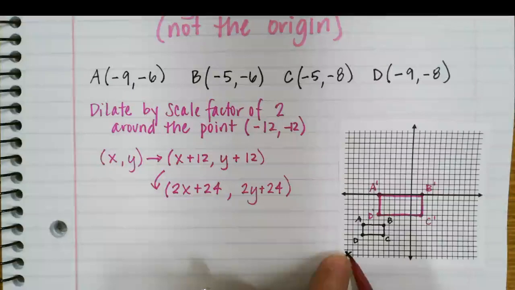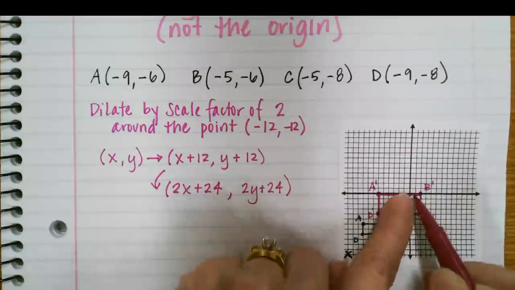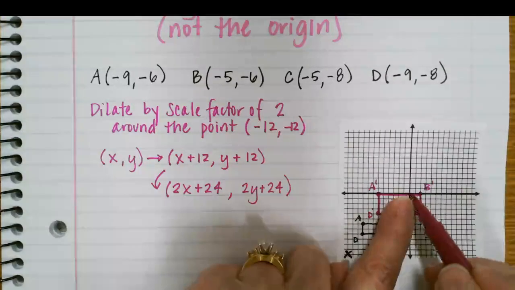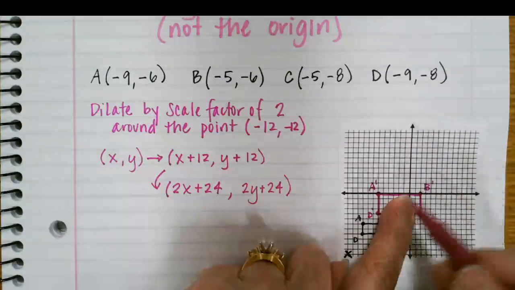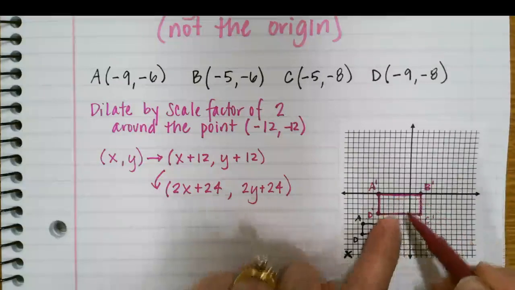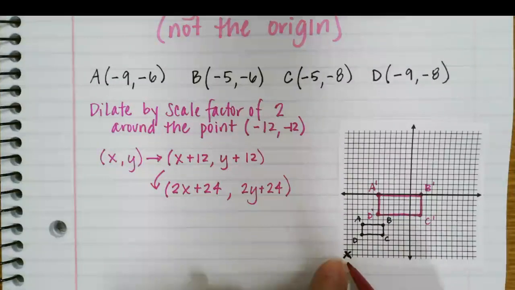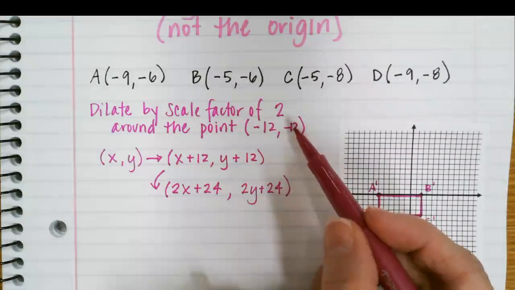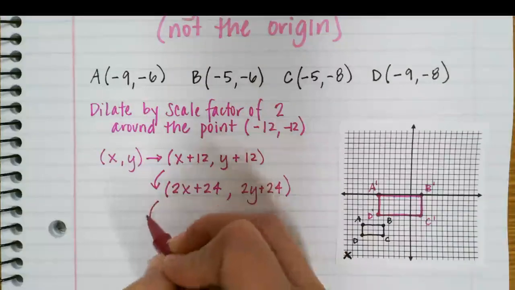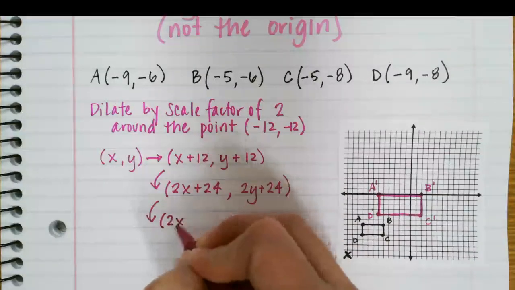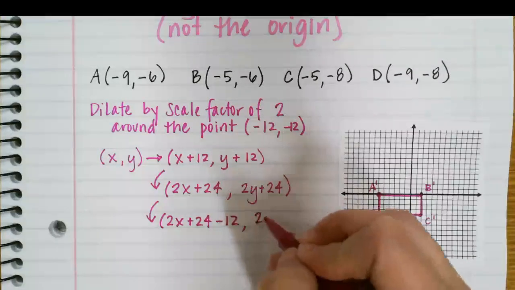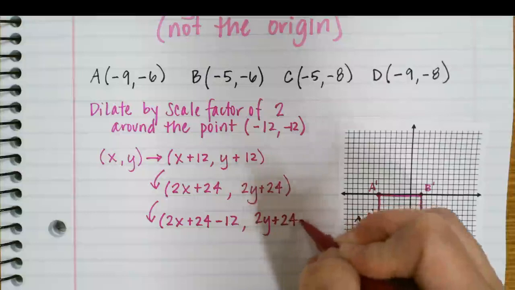Basically I moved my point, which is negative 12, to the origin, which means I had to go up 12 and right 12. Then I performed the dilation, and now I need to bring it back down to the actual dilation center, which was negative 12. So I'm going to take this and bring it back down to the point negative 12.